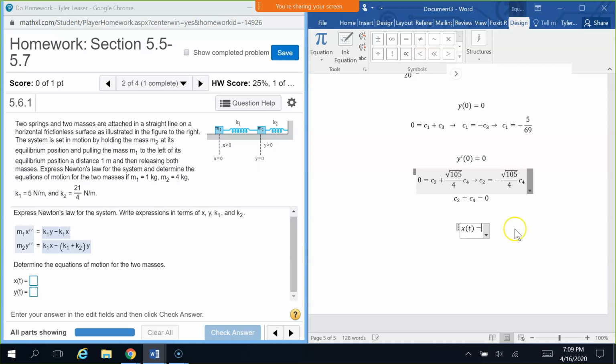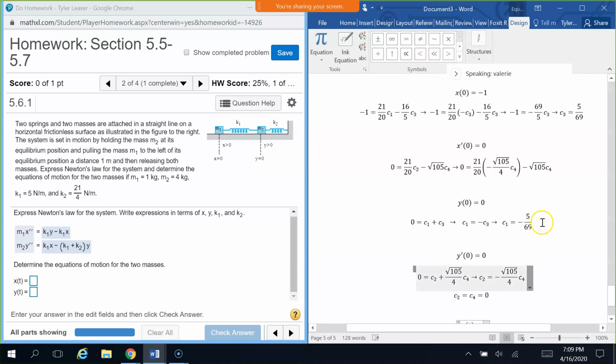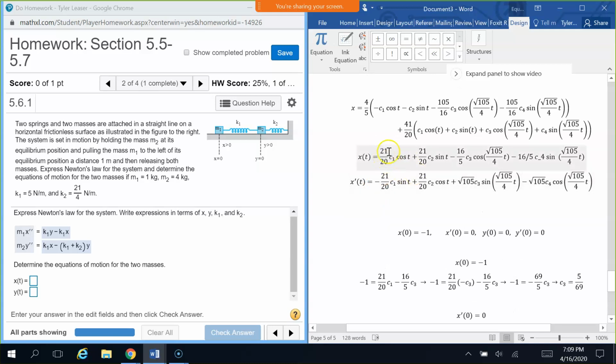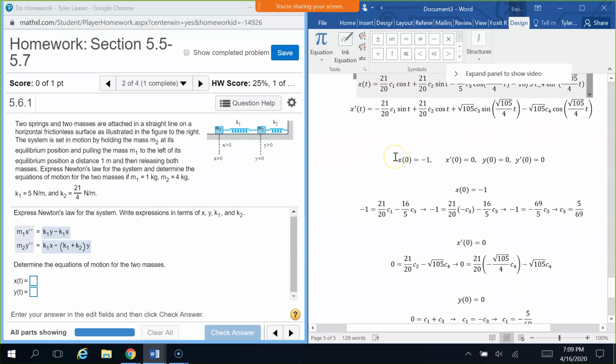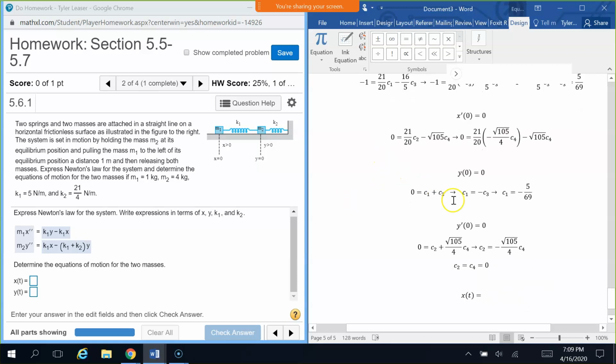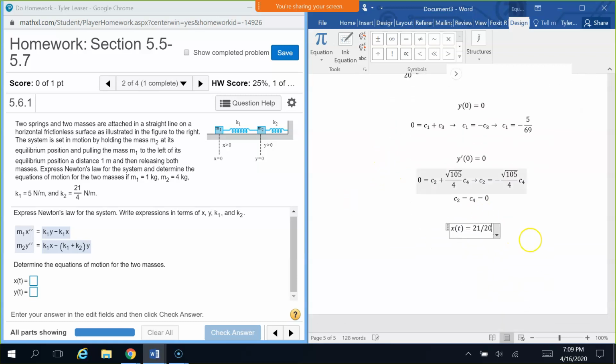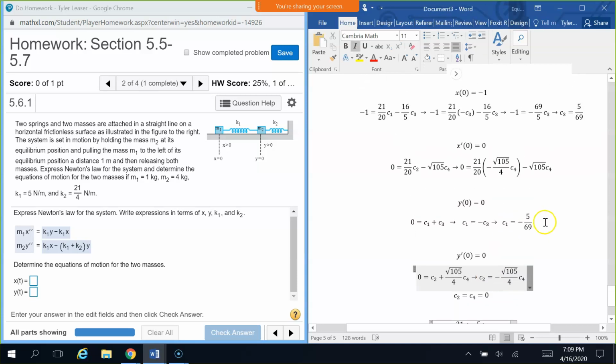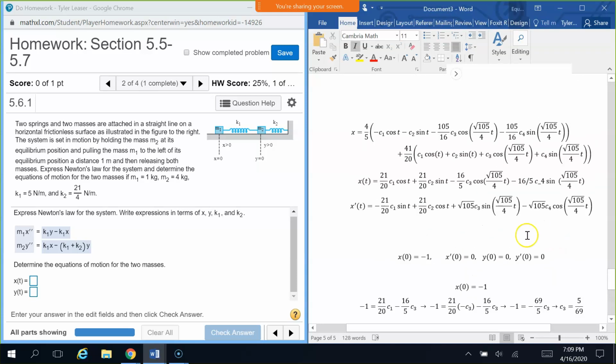So x is, all right, it's only the C1 and the C3 that I care about. From this equation, C1 was negative 5 over 69. So I have the 21/20, negative 5 over 69, and that was on the C1 cosine t. All right, I also have a C3, which is positive 5 over 69. That one goes here.